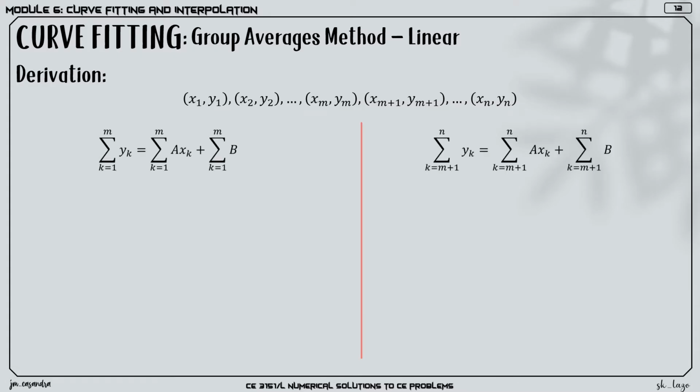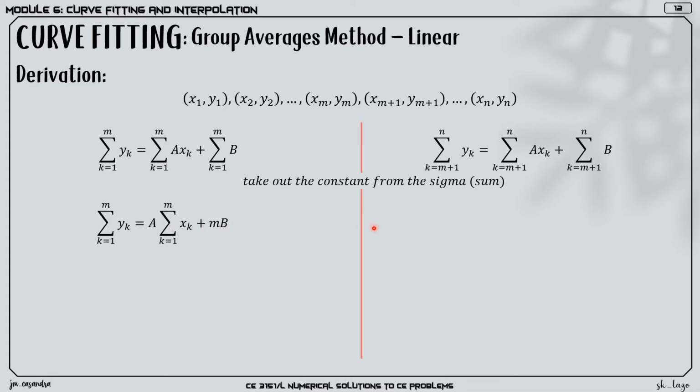So from these two equations, what we do next is to take out the constant from the sigma, or from the summation sign. So we'll have now the summation of y sub k equal to a times the summation of x sub k plus m times b.